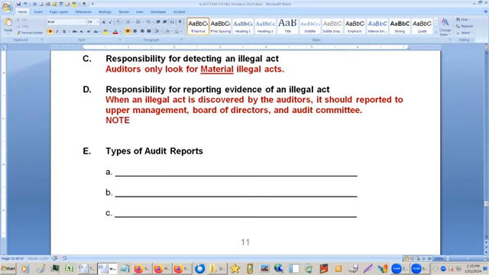Important note. Auditors generally do not investigate the illegal act.